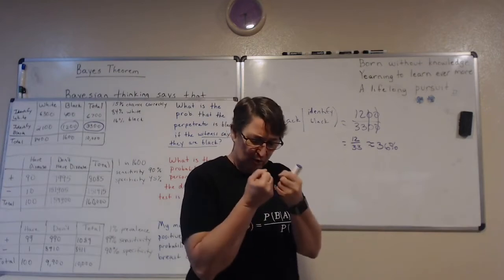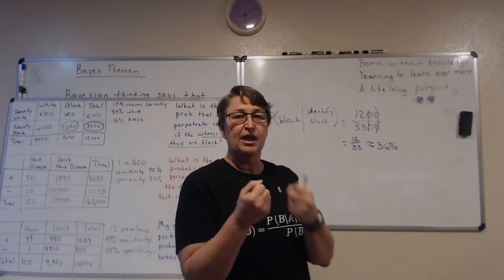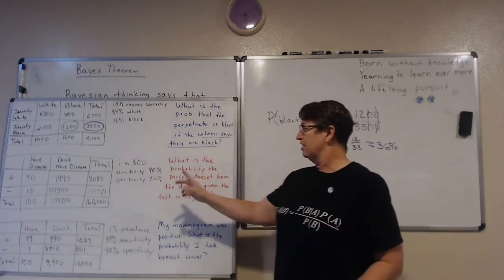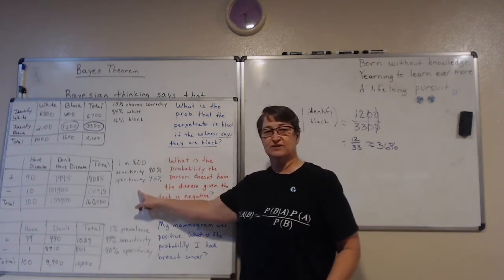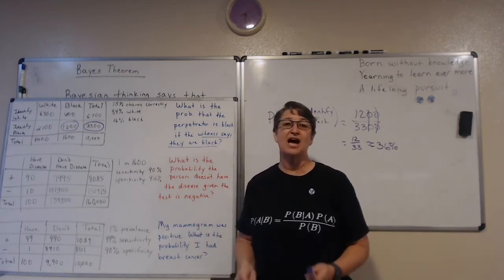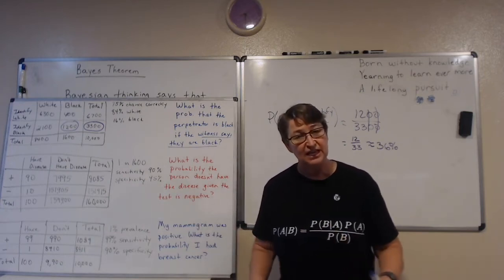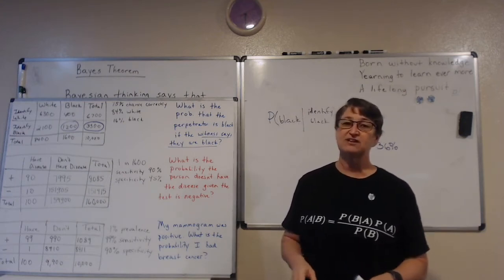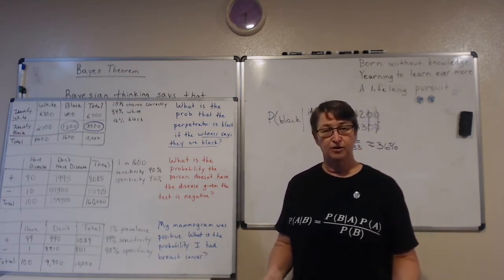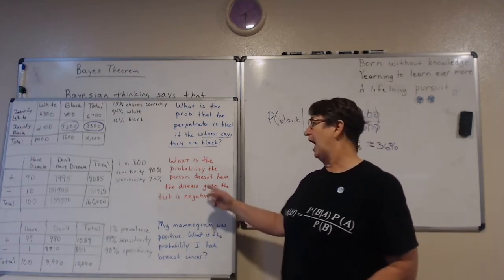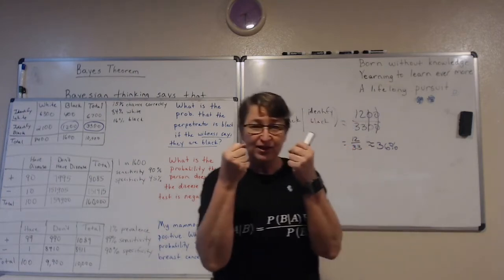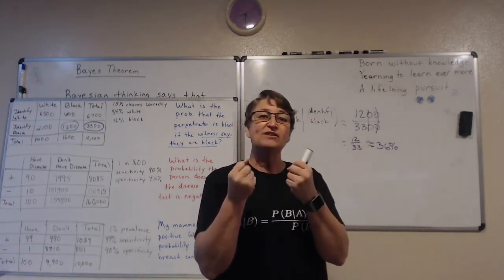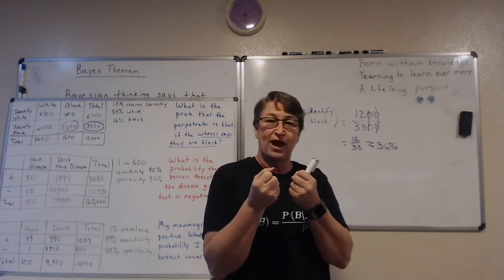I know I'm negative. And from that, the negative test, remember, is that specificity. So 95% of the time when I don't have the disease, the test shows that. Here, I want to know, once I have a negative test, what's the probability that I don't have the disease?